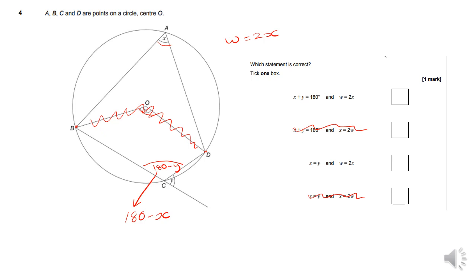Well, if you take away y from 180 and you get that angle, and you also take x from 180 and you get that angle, then I think we can assume that x and y are equal to each other. They don't add up to 180, because when we subtract them from 180, either one of them, we get the same answer. So therefore, they must be equal to one another.